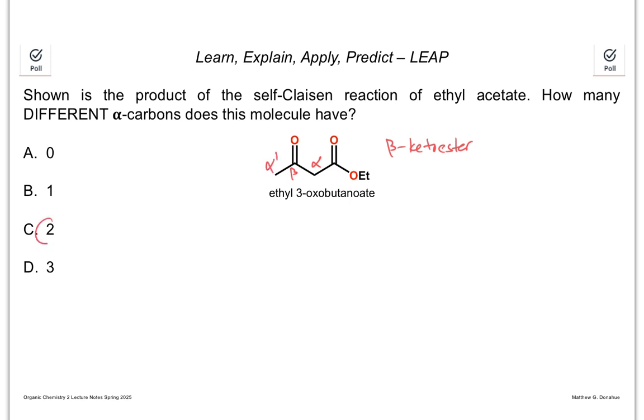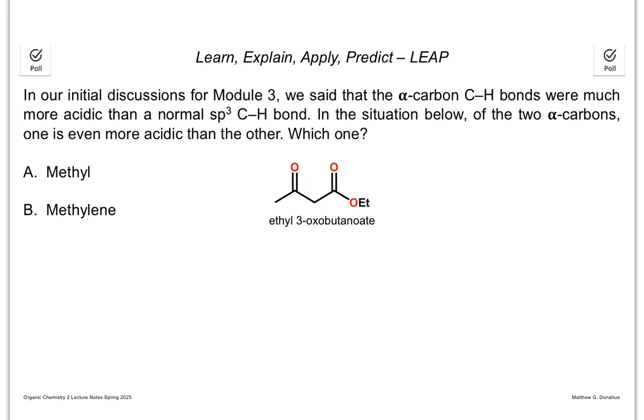So this one again has 2, and the acidity of those is very different. So CH2 is, again, a methylene group. CH3 is methyl. So the methylene is more acidic.